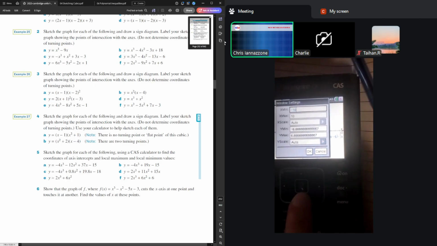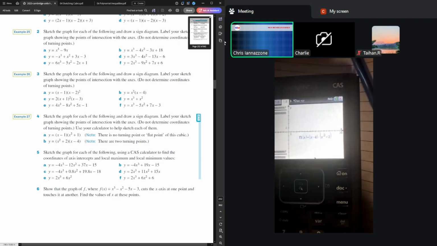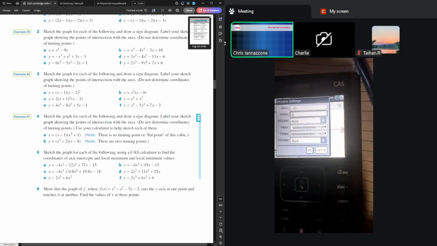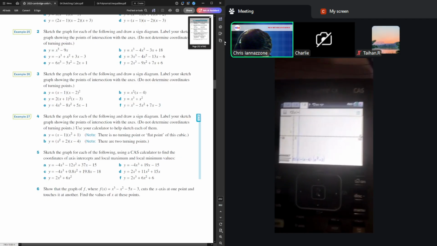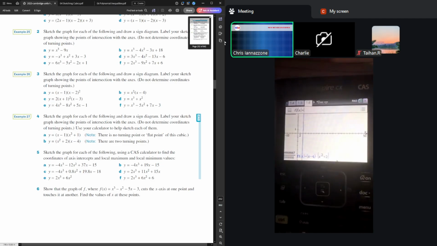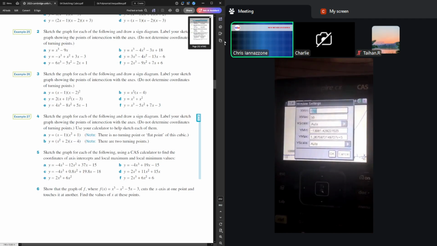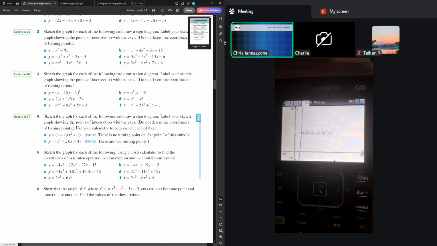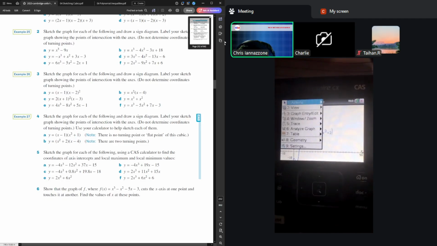Completely different. Set our scale a bit differently. Or a lot differently. What, 50? Usually you can zoom fit, but some of them do that. Oh yeah, there we go. Found it.